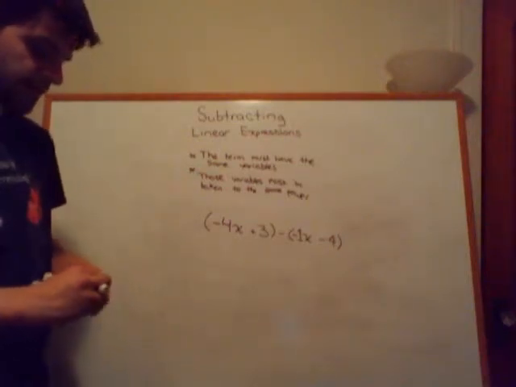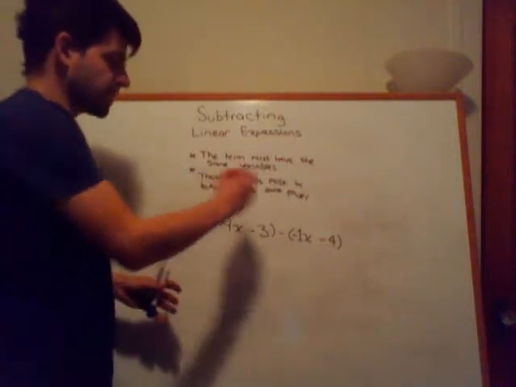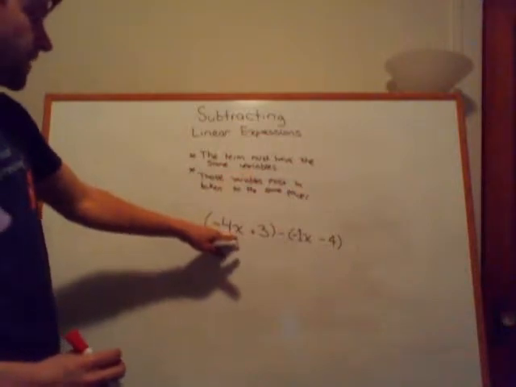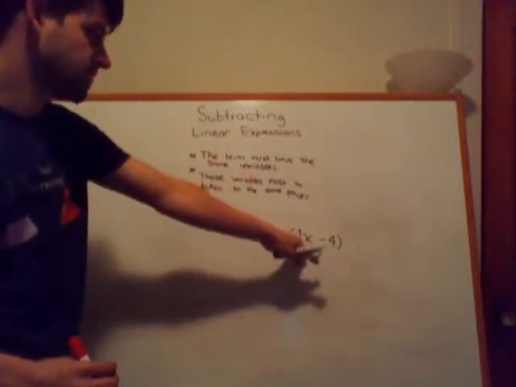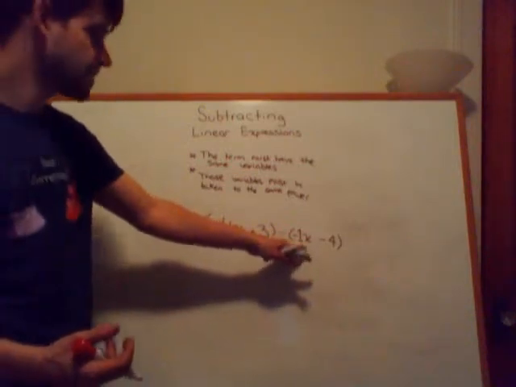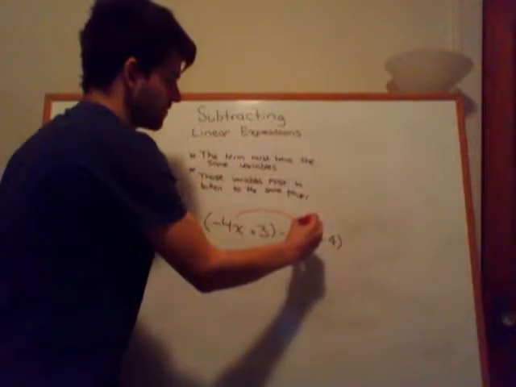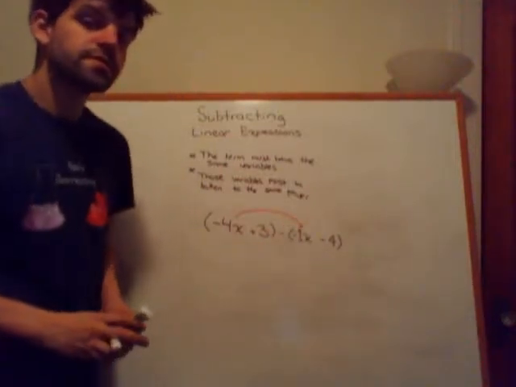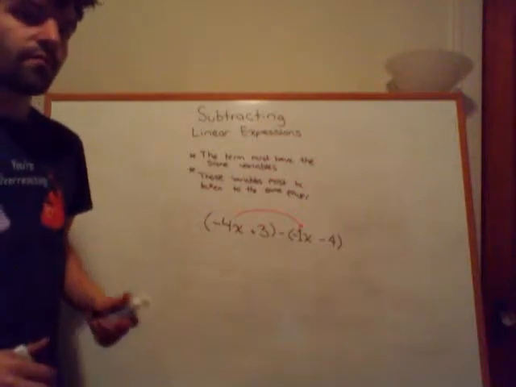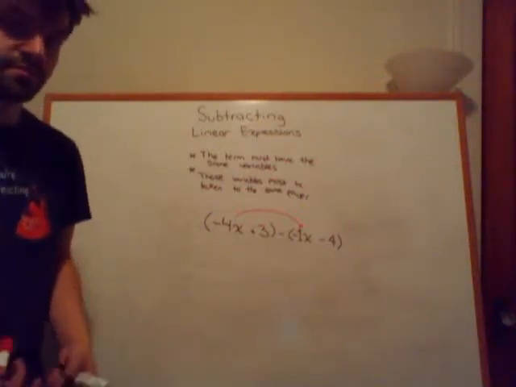What I like to do when I'm trying to find my like terms is draw arrows once I establish them. So we have 4x here and a negative 1x here. Remember, like terms have to have the same variables present. The coefficients themselves don't determine like terms, but when it comes to adding and subtracting, that is when their role is most important.